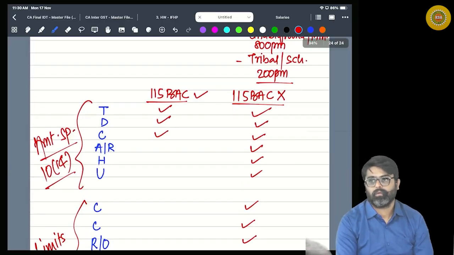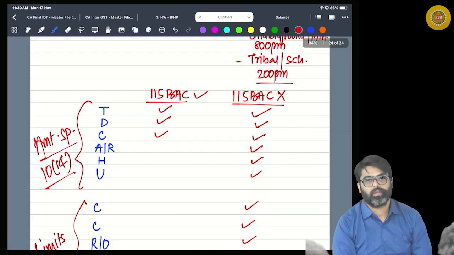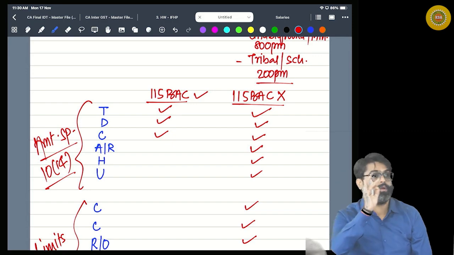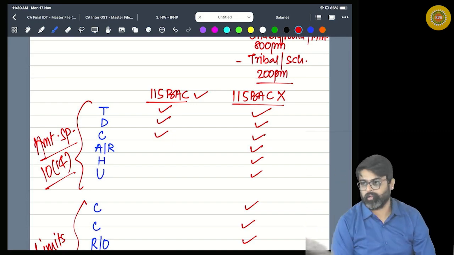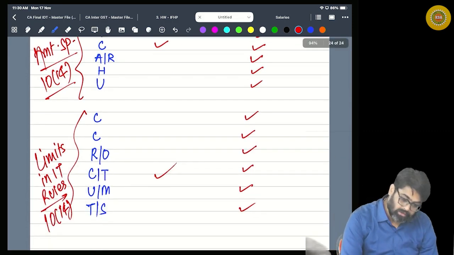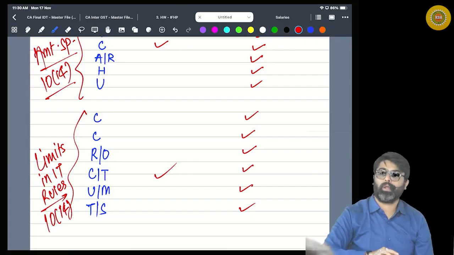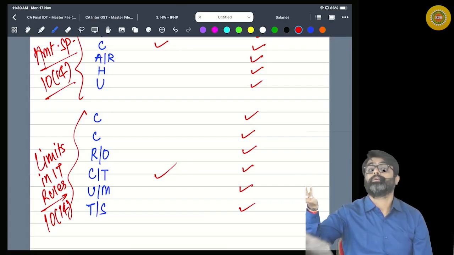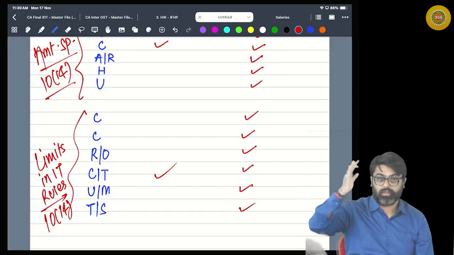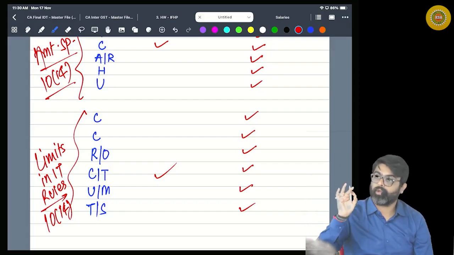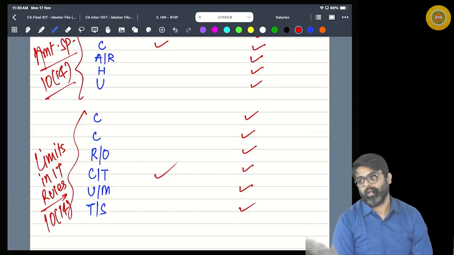1, traveling. 2, daily. 3, conveyance. Based on the amount spent, claim the exemption. Even if you are following 115BAC, you can claim the exemption. Yes or no? And 3,200 per month for handicap employees. The allowance is commutation allowance or transport allowance. Exempt, no? Even if you are following 115BAC, still it will be exempt.